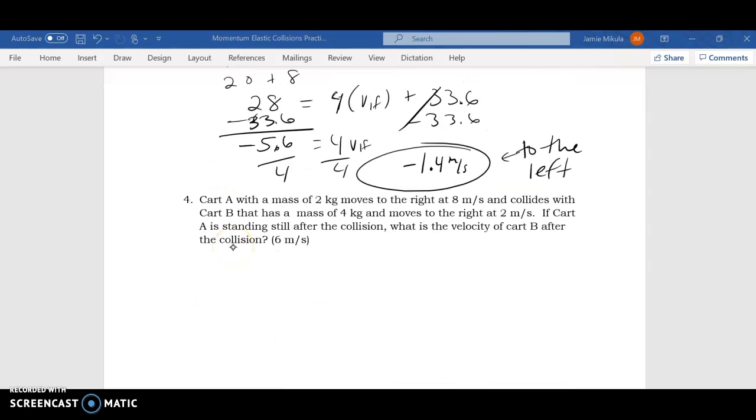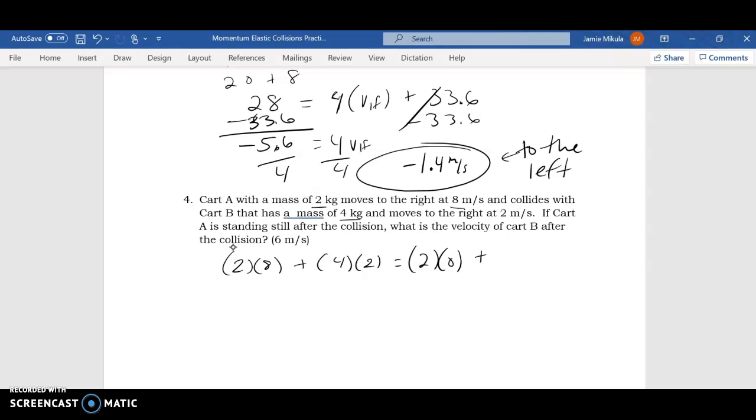Okay, number 4. So the first cart is 2, moves to the right at 8, plus the second cart is 4 and moves to the right at 2. After the collision, the first cart is standing still, so that's going to be 0.